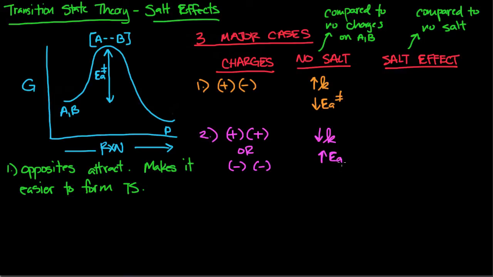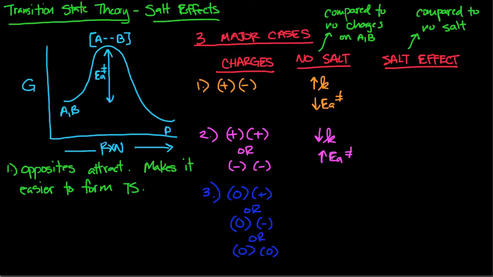And then our third scenario that we're going to deal with is, let's say we have 0 and positive, or 0 and negative, or just both of them completely uncharged. Okay, if both of them or either of them are uncharged, there's going to be no change.